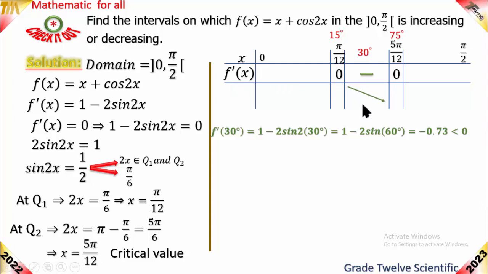Because here is decreasing, here is increasing, and here is increasing too. Therefore, it is positive, increasing, and here is positive, increasing.